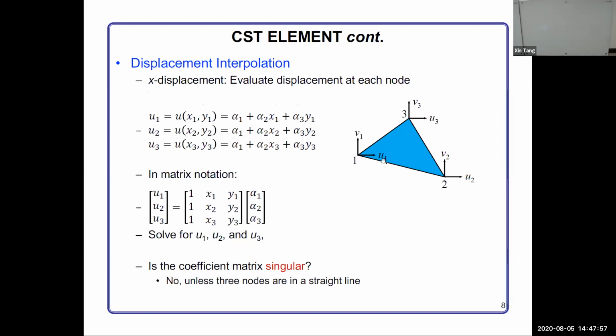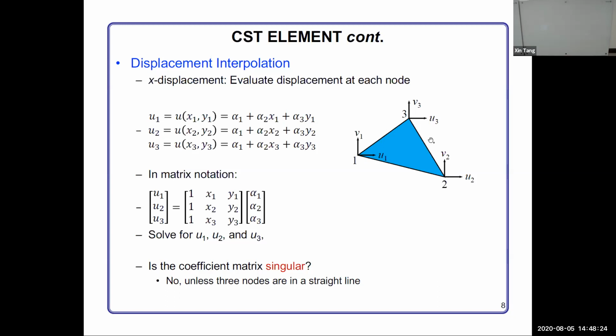You have displacement u1. The same thing happens to node 2 and node 3. Then you will get 3 equations. You have u1 equals alpha 1 plus alpha 2 x1, as a coordinate point in node 1, and then alpha 3 y1, the y coordinate of this point.